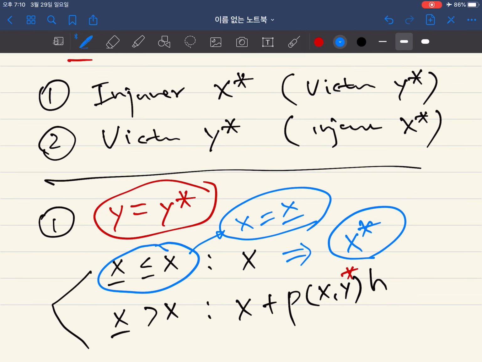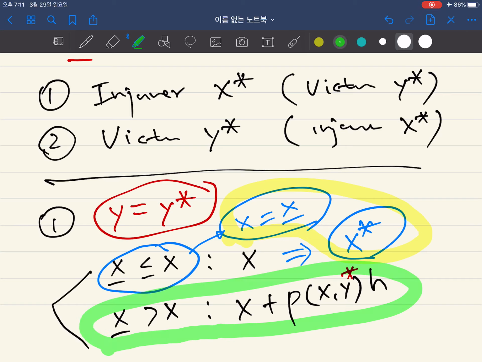So our question here is, if the injurer chooses exactly due care, his cost is X star, the yellow expression. And if he chooses to be negligent, so his care is not enough, so X is less than due care, then this green expression is the injurer's cost.